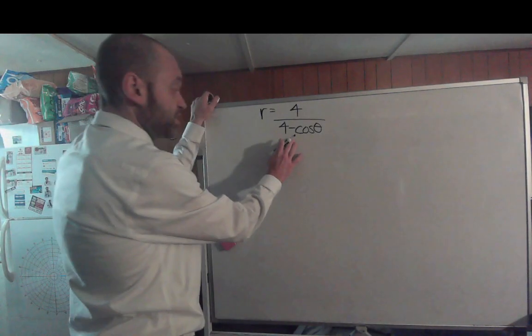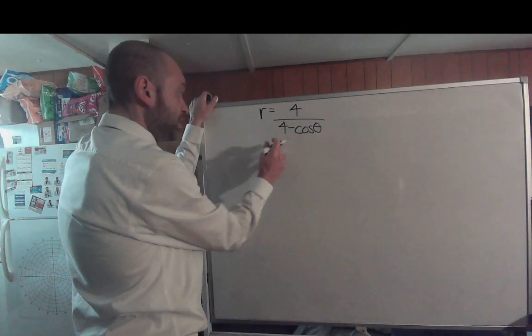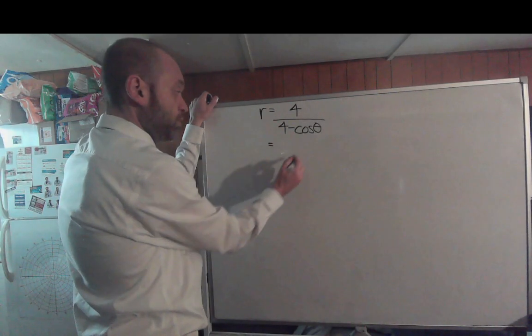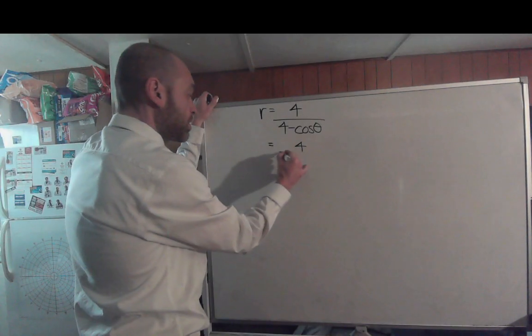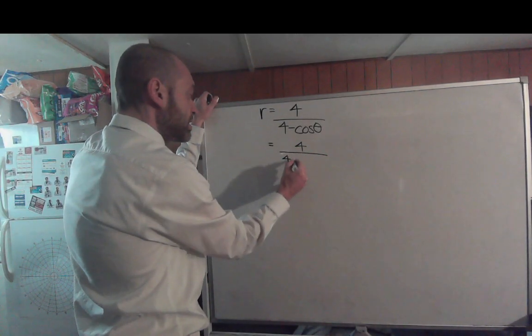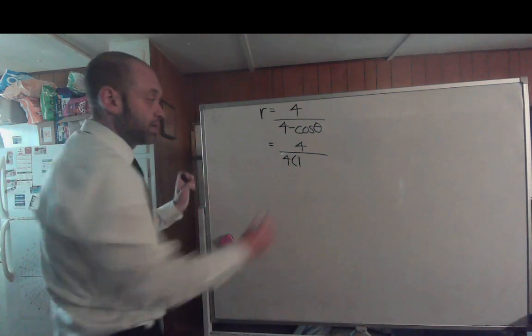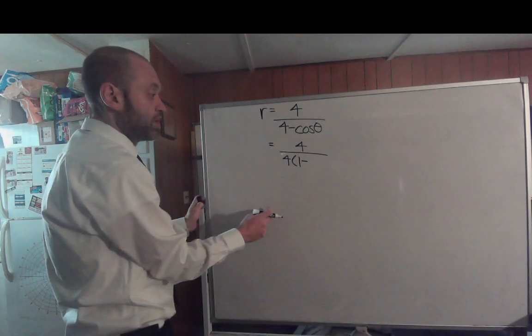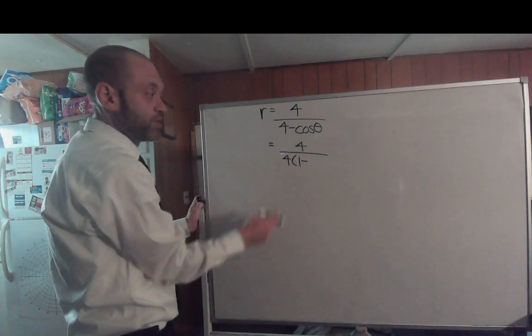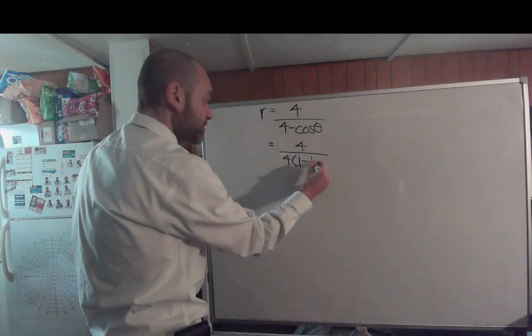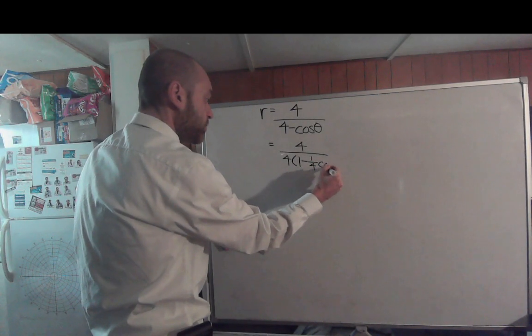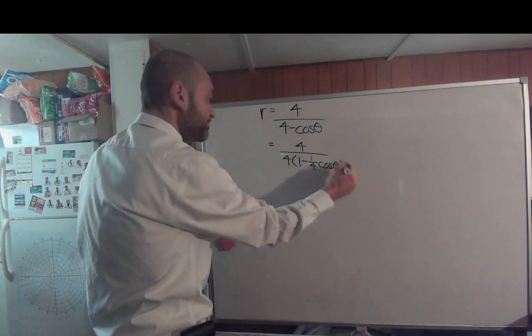So what we have to do with the denominator is factor out a 4, right? So this would turn into 4 all over 4 times 1. Now we made that constant term 1, minus, well, 4 times what gives us a coefficient of 1? That'd be 1/4. 4 minus 1/4 cosine of theta.